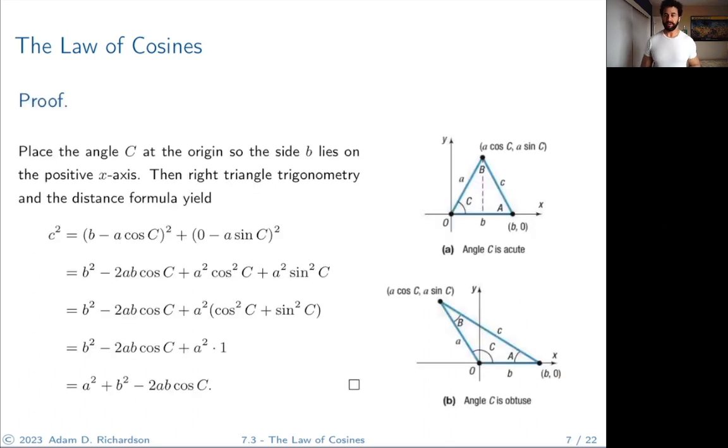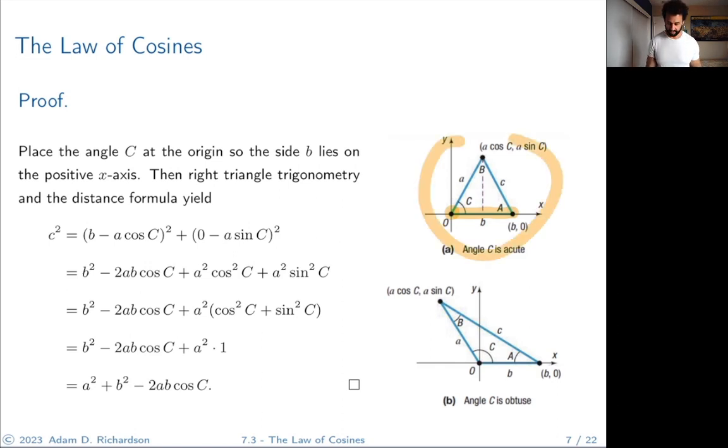We're going to start by placing our angle C at the origin so that the side b lies along the positive x-axis here. And remember, because we're working with oblique triangles, we already did right triangles earlier, there are two possible cases for the triangle that we could be working with.